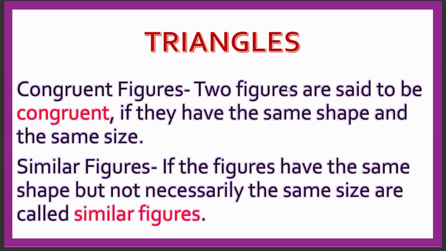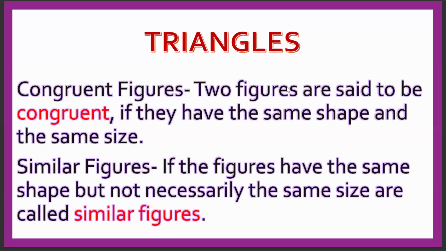First of all, what are congruent figures? Two figures are said to be congruent if they have the same shape and the same size. Shape and size, these two things are very important. In the congruency of figures, both must be the same.